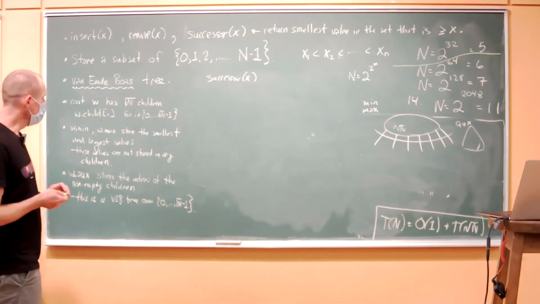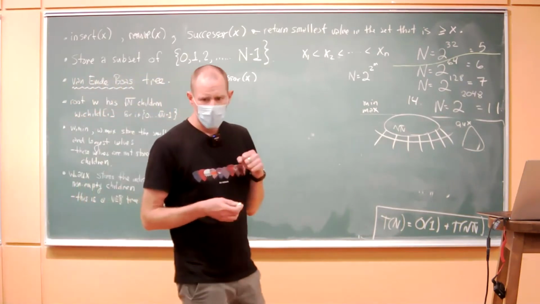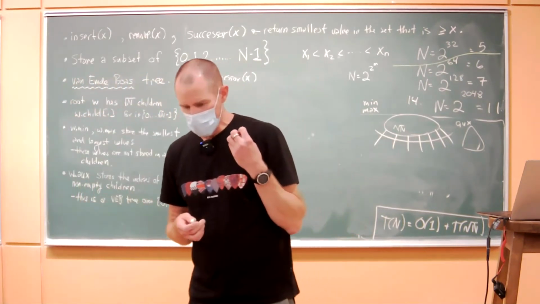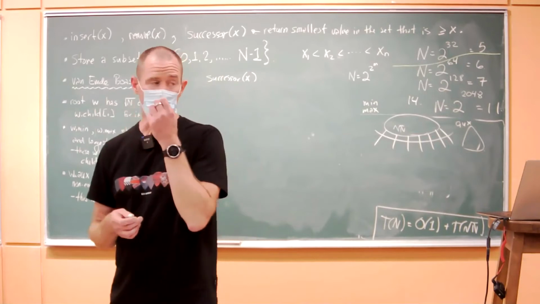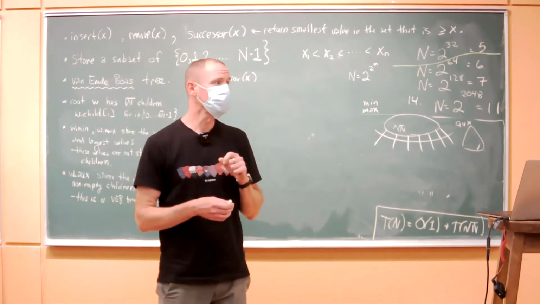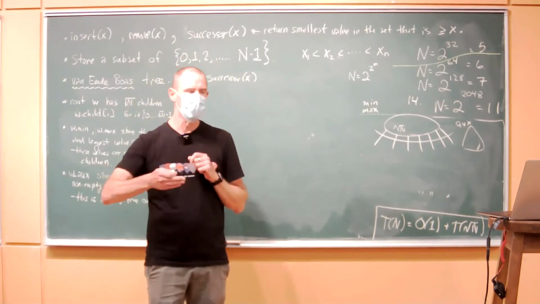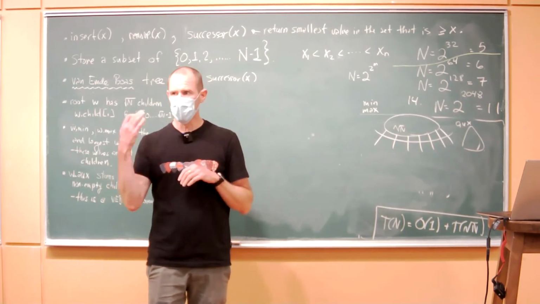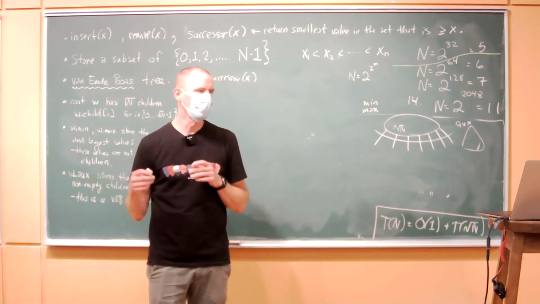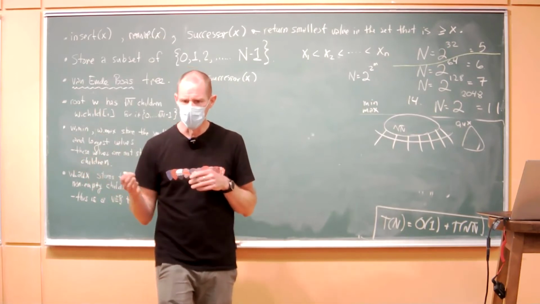Yeah. Is it smaller than min, or is it bigger than max? If it's smaller than the smallest element, then the answer is the smallest element. And if it's bigger than the largest element, then the answer is infinity, or no answer.